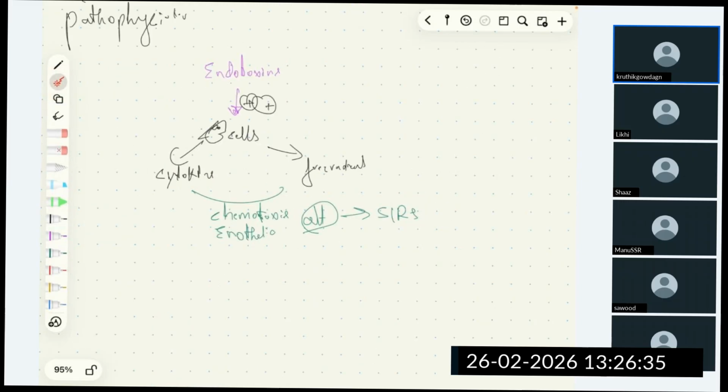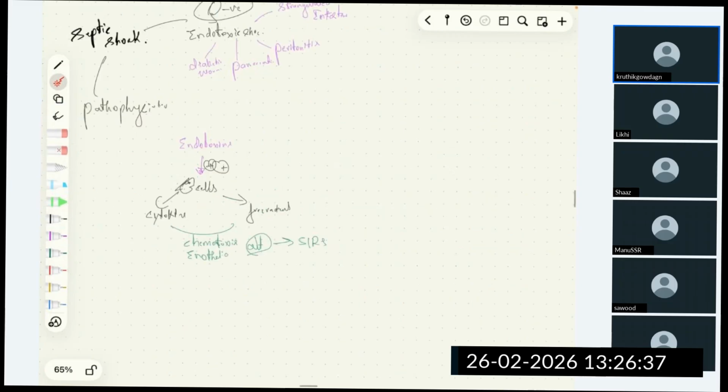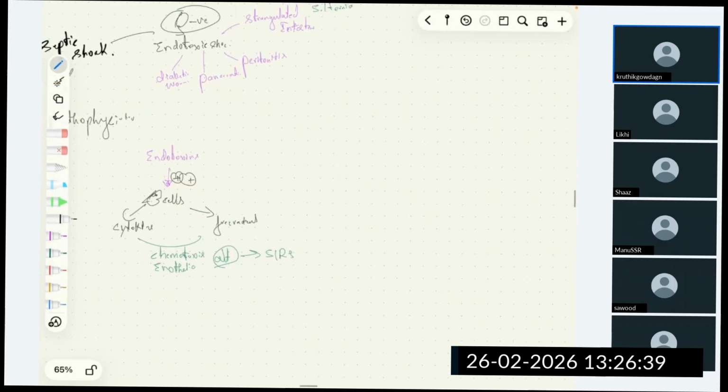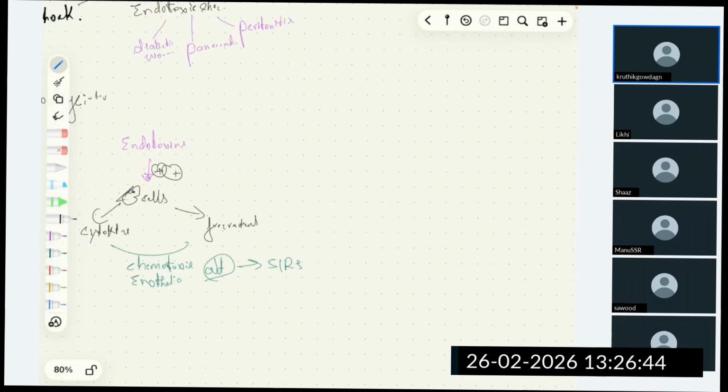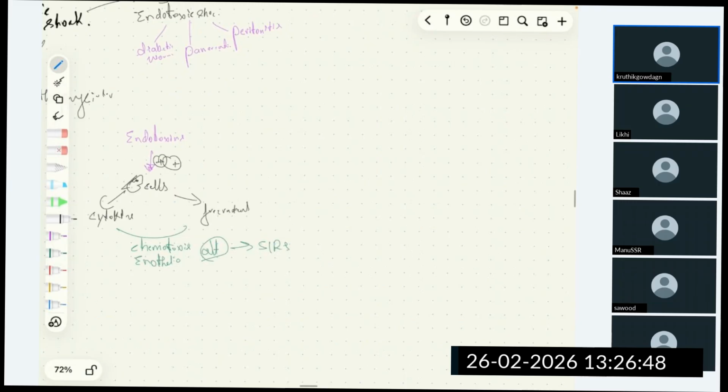This leads on to reversible hyperdynamic warm stage of shock with fever, tachycardia, and tachypnea. This leads on to reversible hyperdynamic warm shock.